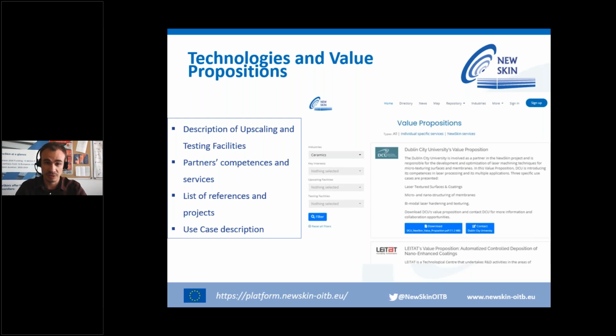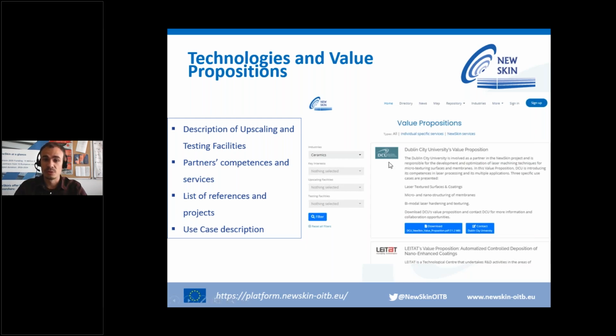In a value proposition page, you will have a description of upscaling and testing facilities, more information on the competencies of the partners developing these facilities, short descriptions of the laboratories working in the NewSkin project, the references and projects they developed earlier on the same topic, and a use case description.